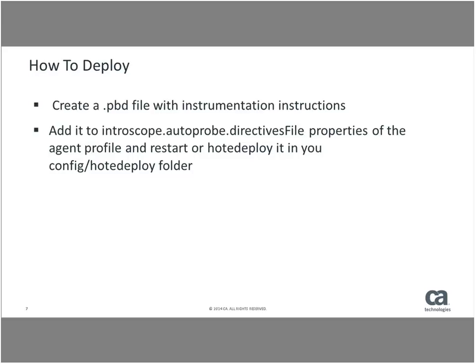This property exists in your agent.profile, right? Or you can hot deploy it. There is a hot deploy folder. You can put it in hot deploy, and that particular PBD will get picked up, right? So you obviously have multiple ways of deploying these PBD files. Okay.